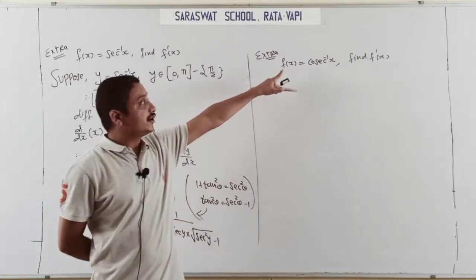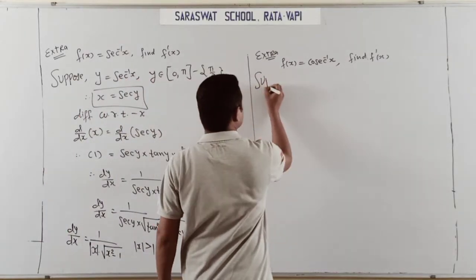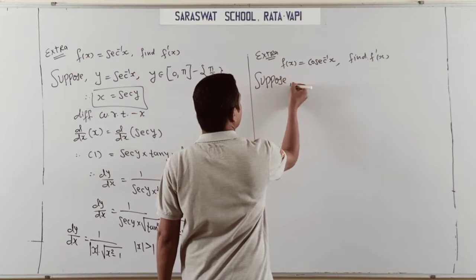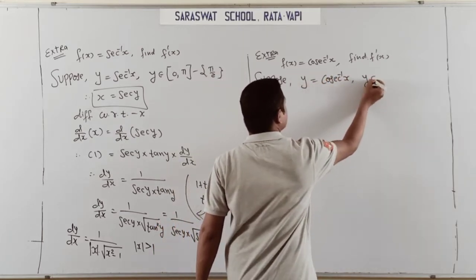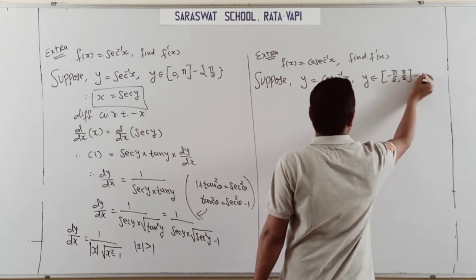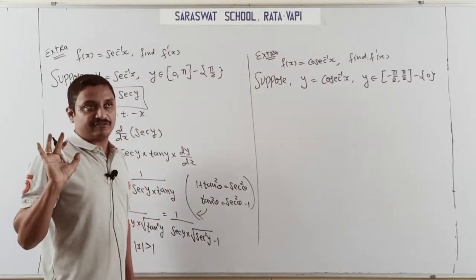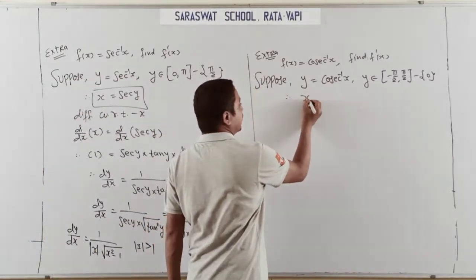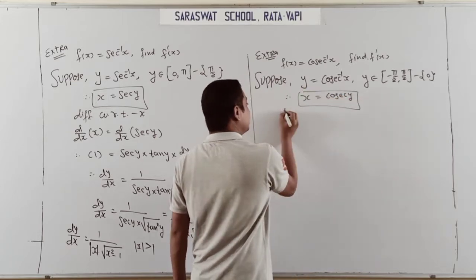Same as next one, cosec inverse x. Same solutions. Suppose y is equal to cosec inverse x, where y belongs to minus 90 to 90, but excluding 0 because at 0 cosec is not defined. So finally you get x is equal to cosec y and start the derivative.